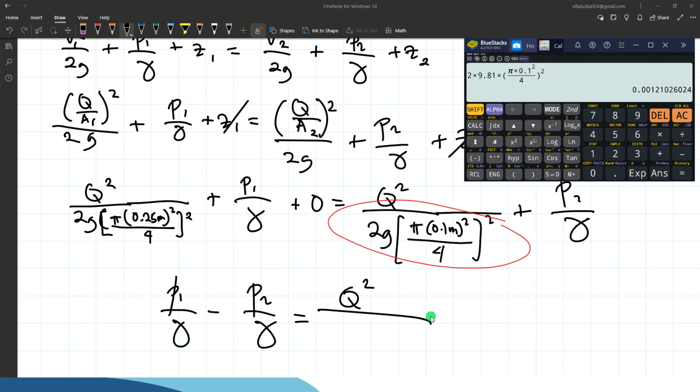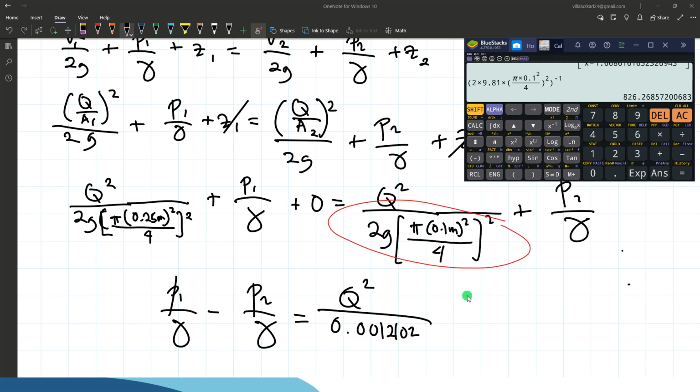That's 0.0012 in the denominator, but if we raise it to -1, it becomes a numerator.